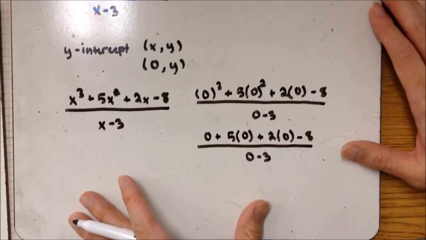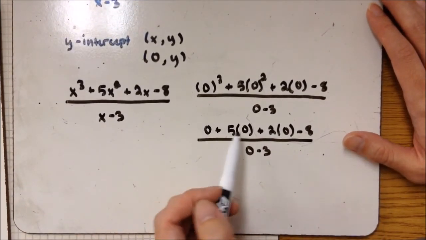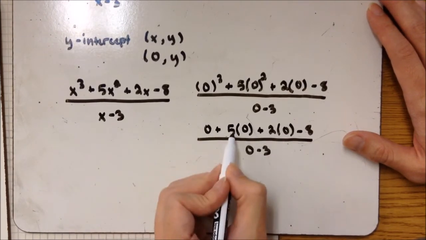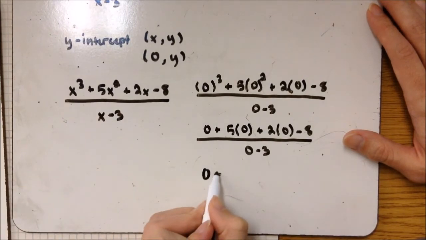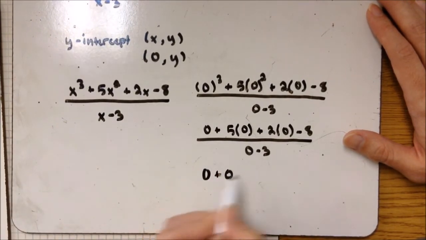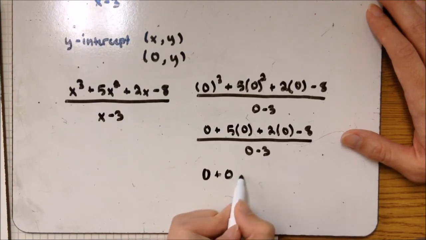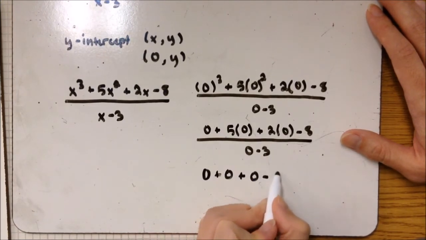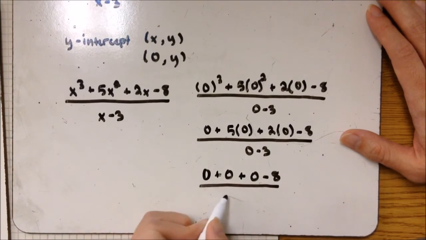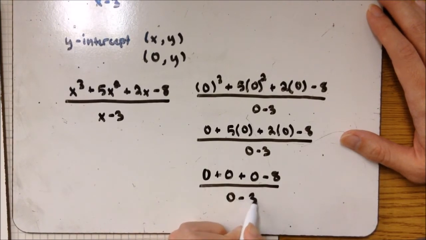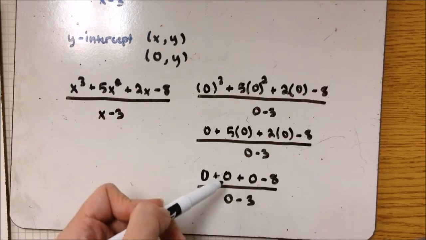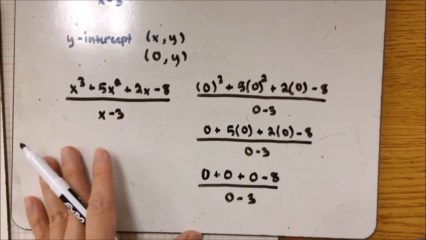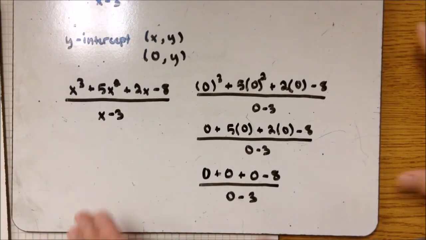Now, 5 times 0 is 0, so let me bring down the first 0. 5 times 0 is 0, and 2 times 0 is just another 0, minus 8 over 0 minus 3. So we're done with exponents and multiplying, because 5 times 0 is 0 and 2 times 0 is 0.